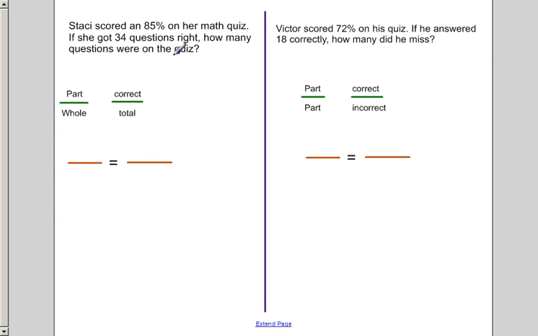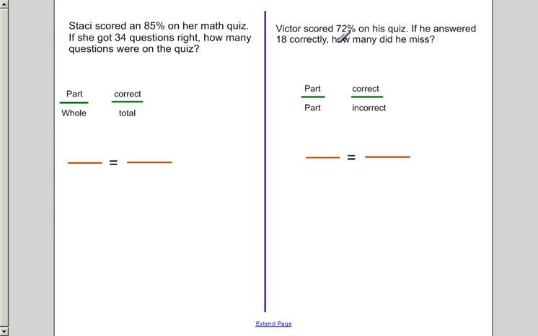So here I have given you a couple scenarios with math quiz. So if Stacy scored an 85% on her math quiz and she got 34 questions right, how many questions were on the quiz? So this is a part to whole ratio as we just did. So you're going to set up the proportion here, and you should have the part or the number of questions correct out of the whole or the total number of questions.